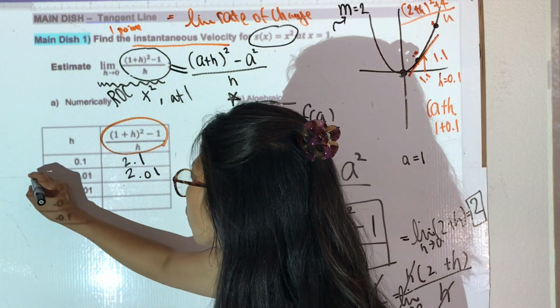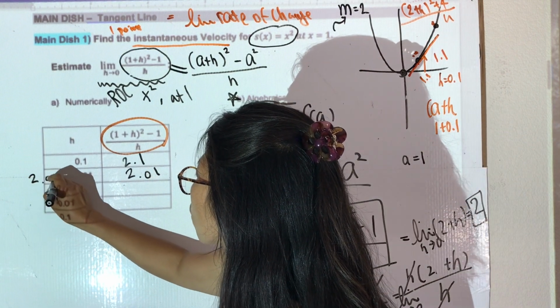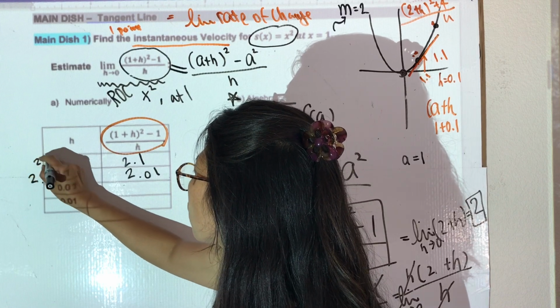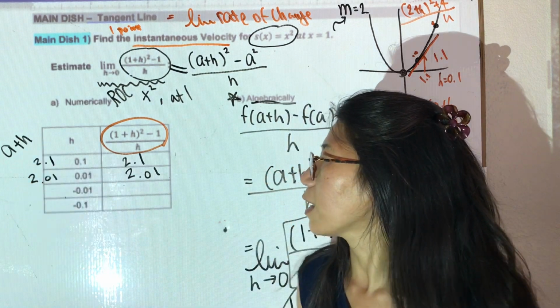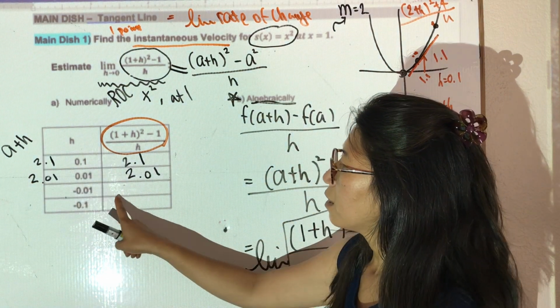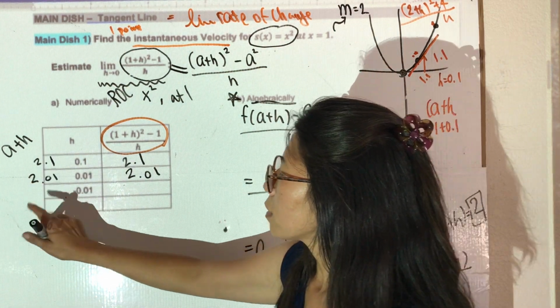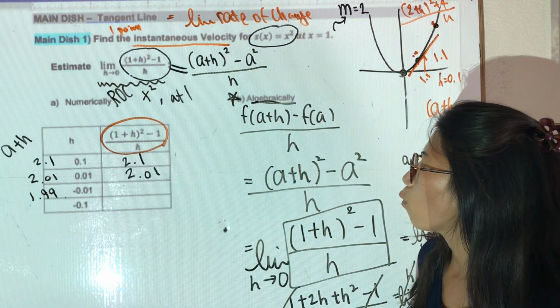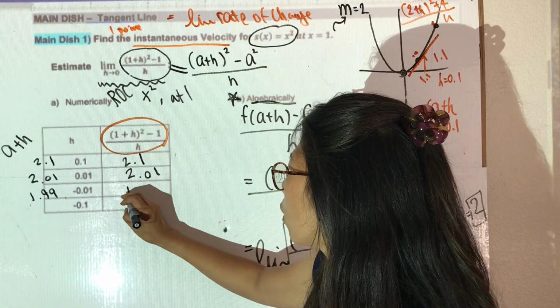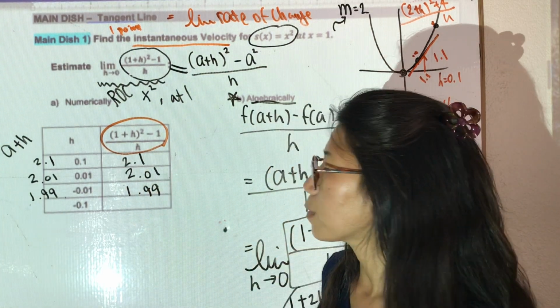So this number represents 2.01, and this represents 2.1. What am I talking about? We're talking about a plus h, the h value is that. Then how about this number? What are they talking about? We're talking about 1.99. At that time, what is the slope? I get 1.99 by plugging into the calculator.